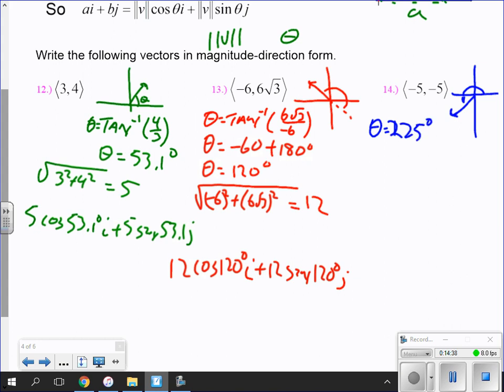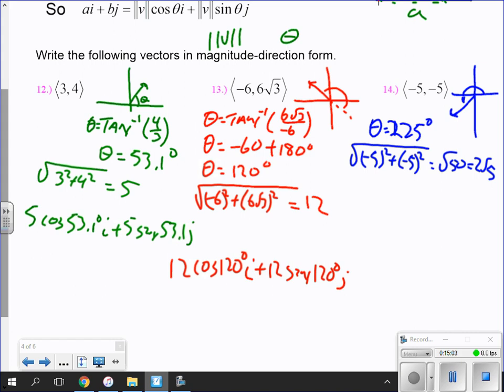45 plus 180. Our magnitude is the square root of -5 squared plus -5 squared. You end up getting the square root of 50, which is 2√5. So we end up getting 2 root 5 on that one. Nope, I did that one backwards.